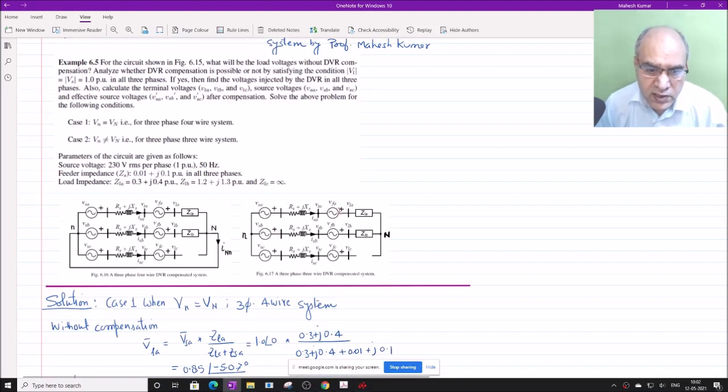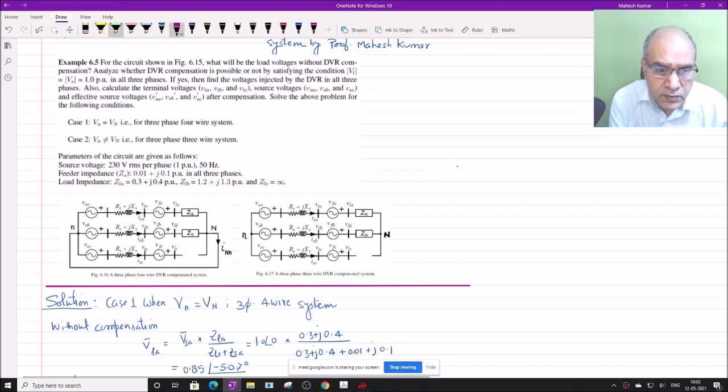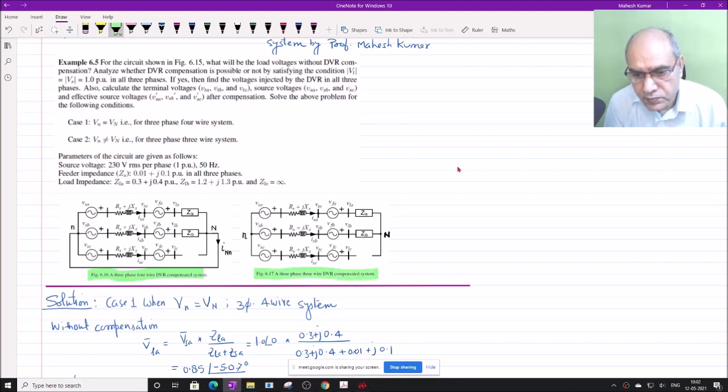As you can see, this is the three-phase, four-wire and this is the three-phase, three-wire system. The three-phase, three-wire system, as you know, is more computation intensive if you want to find currents and voltages, so it needs more calculation. So we will first take the three-phase, four-wire system.